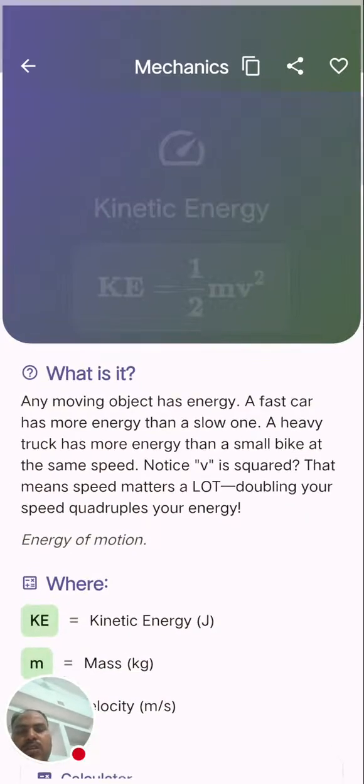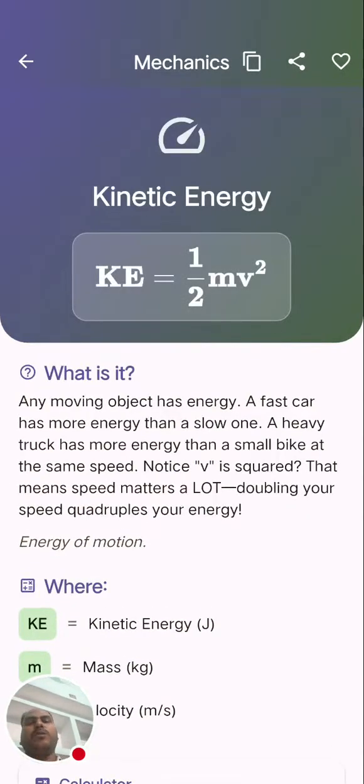Now next formula we have is kinetic energy. Kinetic energy equal to half mv square.